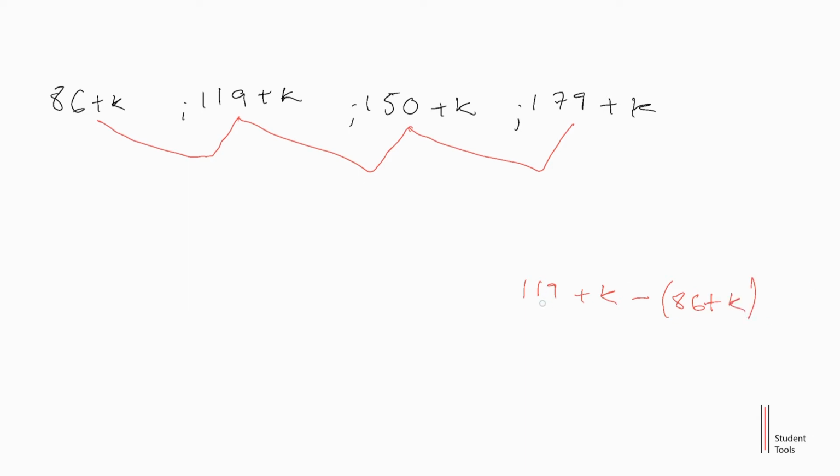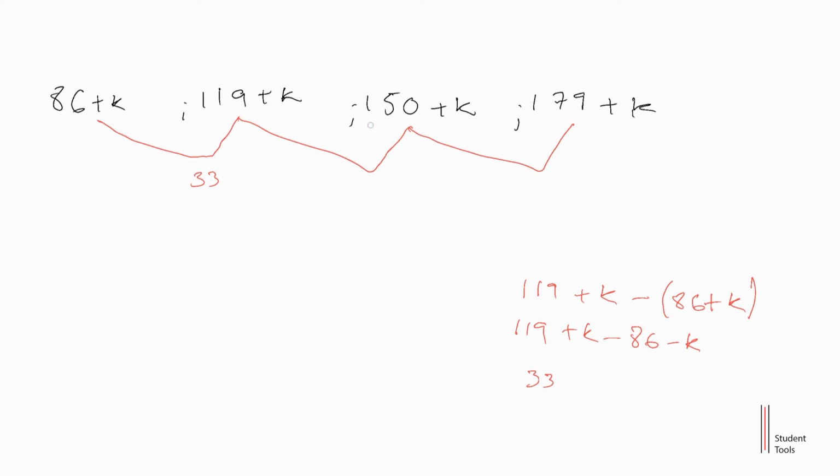So here we have 119 plus k, and here we have minus 86 and minus k. So 119 minus 86, that is 33, positive k minus k, that is a 0. So here we have 33.